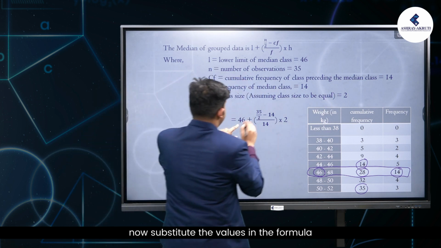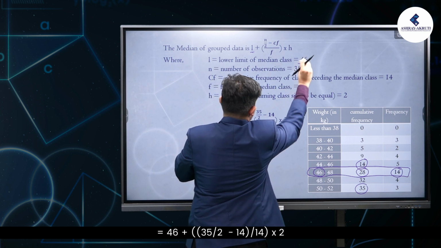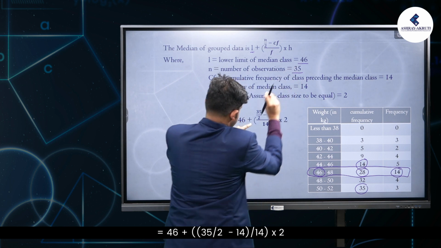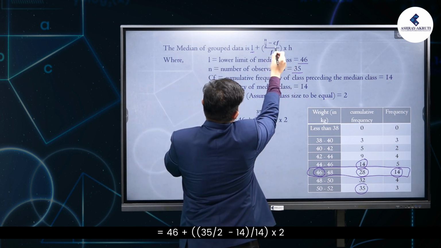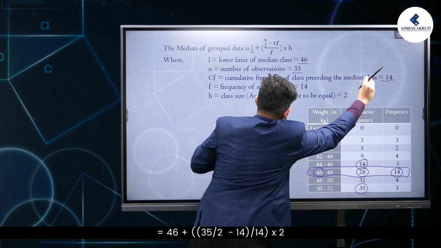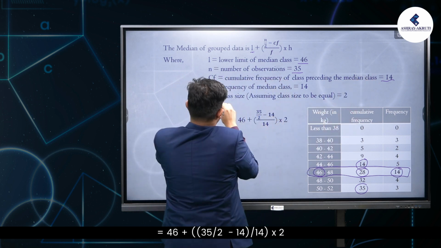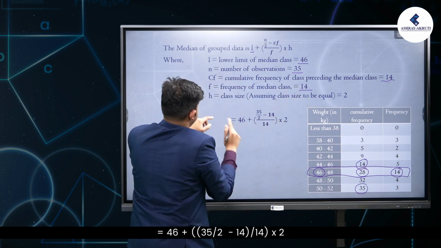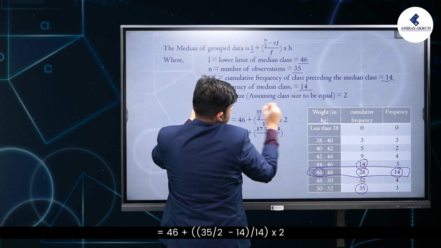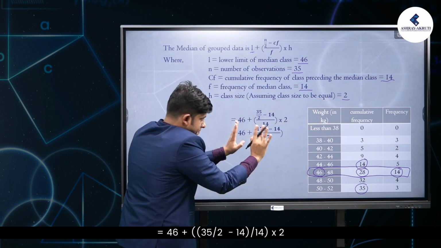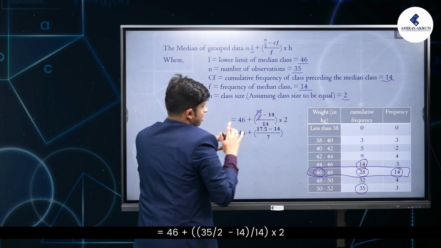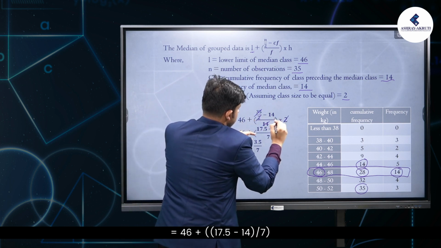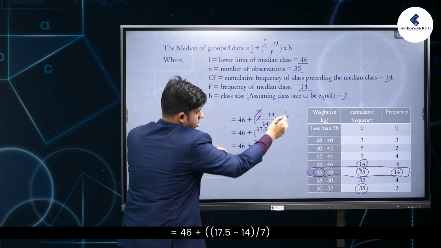Now substitute the values in the formula, that is equal to 46 plus (35 by 2 minus 14) divided by 14 into 2. After cancelling, we get 46 plus (17.5 minus 14) divided by 7.